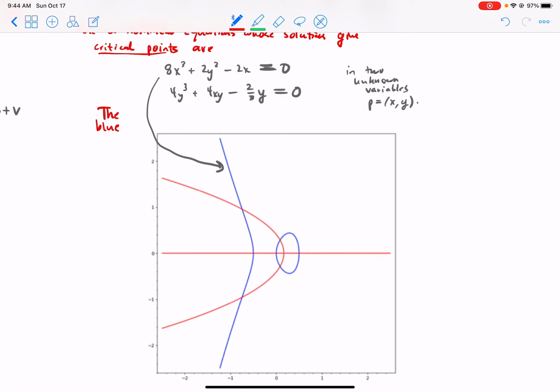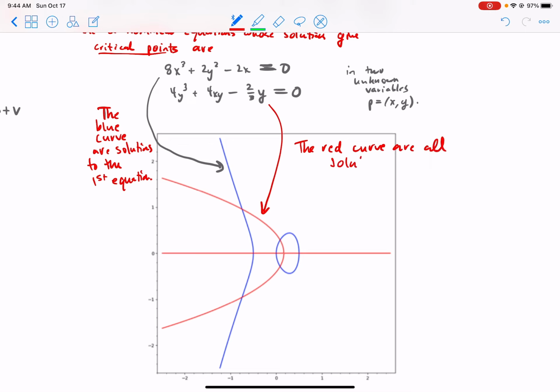The blue curve are solutions to the first equation. Okay? And then the red curve are all solutions to the second equation. Okay, so that's a blue curve, that's a red curve.